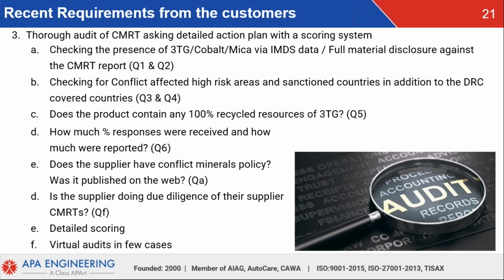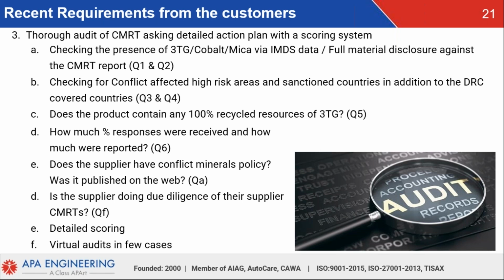And similarly, checking for the conflict affected areas and the sanctioned countries in addition to the DRC countries, that is Q3 and Q4. And on the Q5, it asks whether the product contains 100% recycled resources of 3TG. If you answer yes for this and show enough evidence, you are likely to get a better score because every company encourages recyclable resources.